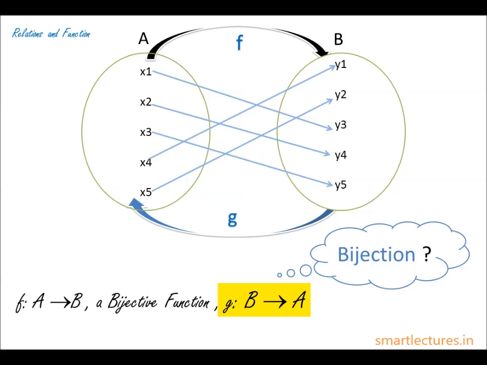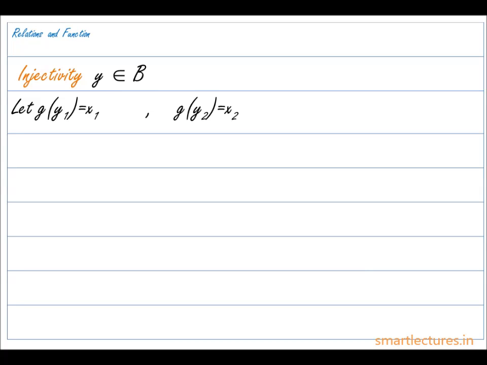Now the function g will be a bijective function if it is both injective and surjective. So let's first check whether this function is injective. Now let y belong to set B, and suppose y1 and y2 are two elements from the set B, and g of y1 is equal to x1, and also g of y2 is equal to x2.